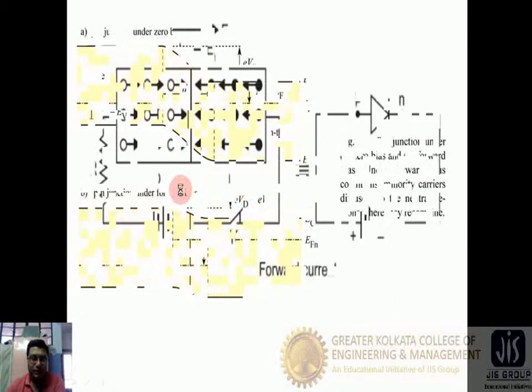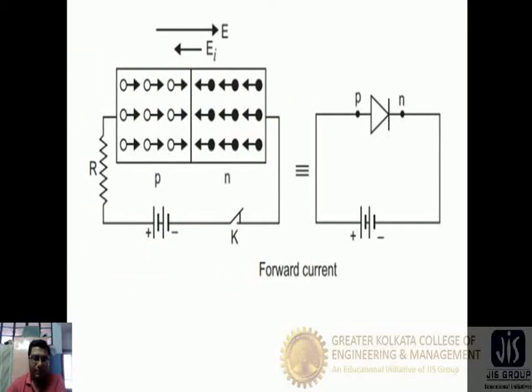The electron flow happens from the N side to the P side, and the conventional current flow happens in the opposite direction, from the P section to the N section.